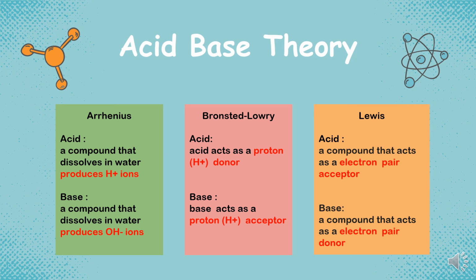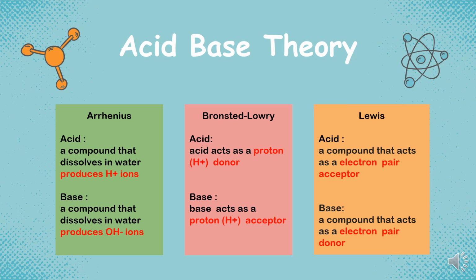Yay! We have arrived at the end of the material. That is the conclusion of the difference between acid and base theories. According to Arrhenius, acid, a compound that dissolves in water, produces H+ ions. Base, a compound that dissolves in water, produces OH- ions.